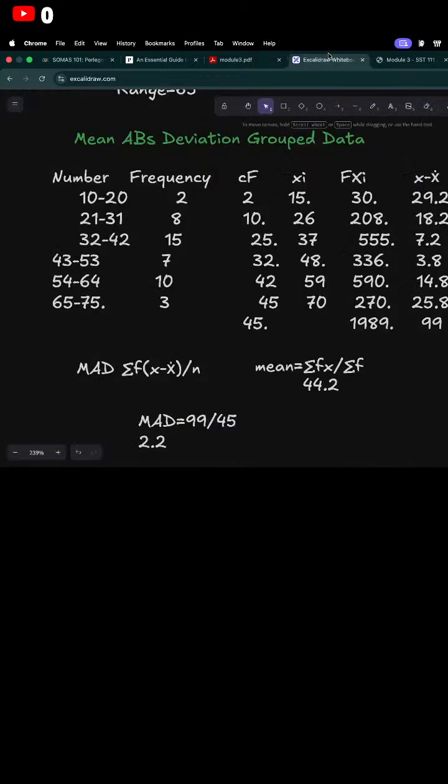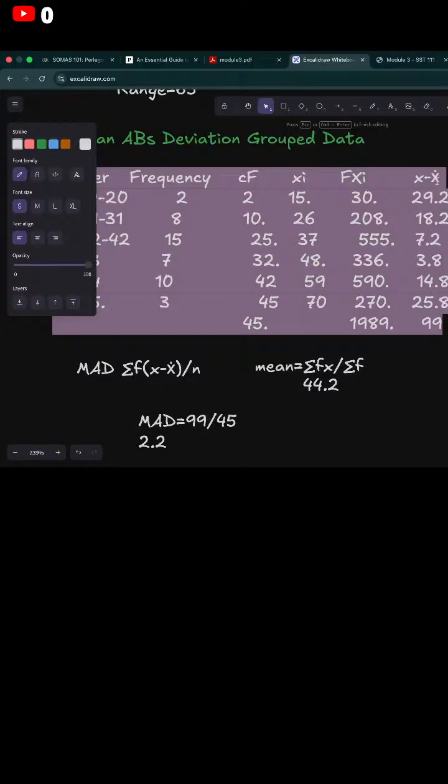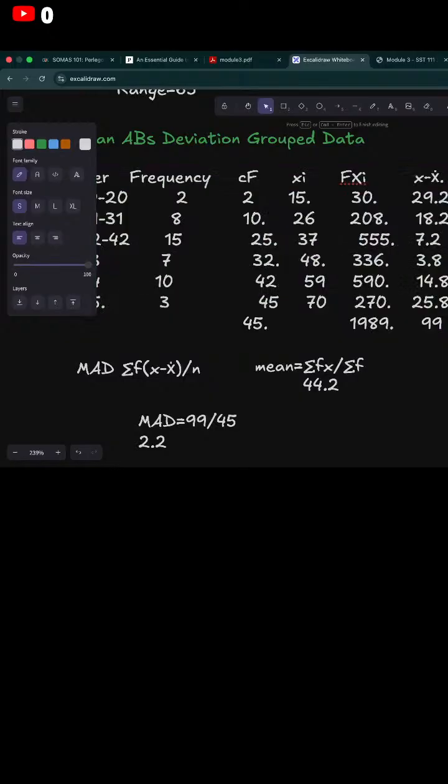I forgot to do a column here, which is fx. I wrote the formula correctly, but the math didn't work out.